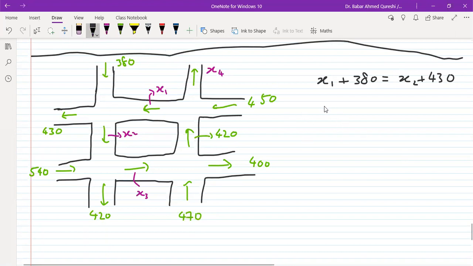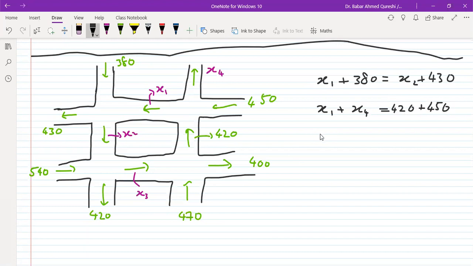Then I move to the next intersection. The cars going out are x1 plus x4, and the cars coming in are 420 plus 450.